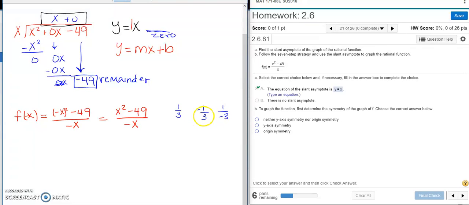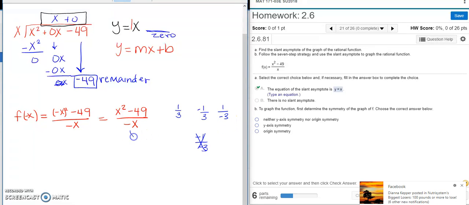But if you notice, it's not negative 1 over negative 3. That's not what we do when we do the opposite of 1/3. So we're not looking for both signs to change. We're not looking for a sign change on top and a sign change on the bottom. We're really only looking for one or the other.